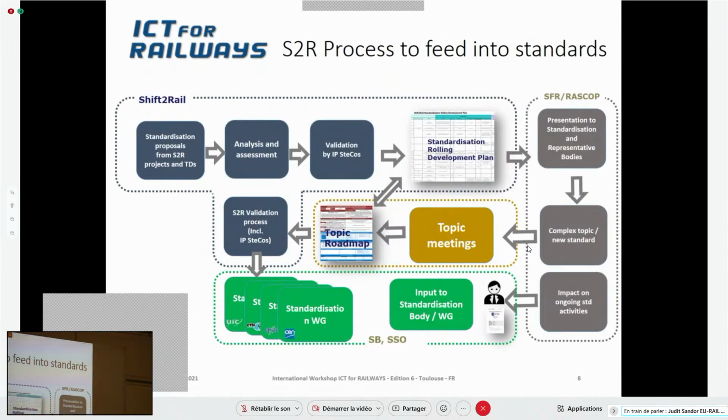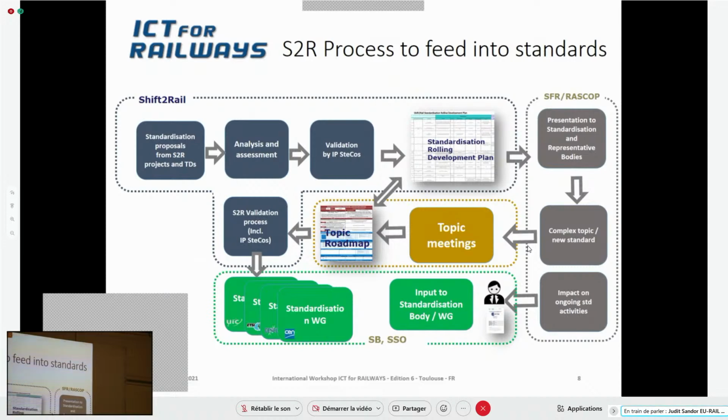Based on the input provided, if there are already ongoing standardization activities in the working groups of the standardization bodies, then the links are easily defined.